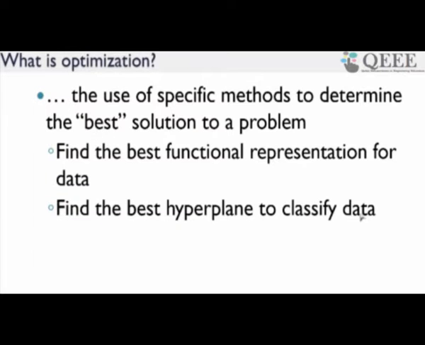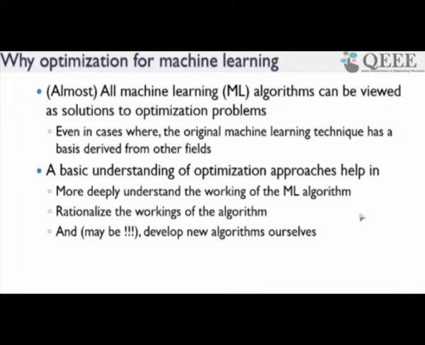So why is optimization relevant for data science? It is because we could use optimization to find the best functional representation for data, which is one of the important things that we do in data science. It can be used to find the best hyperplane to classify data. Remember the line I showed in terms of North Indian and South Indian food? How you come up with that line given data is an optimization problem. Why optimization for machine learning?